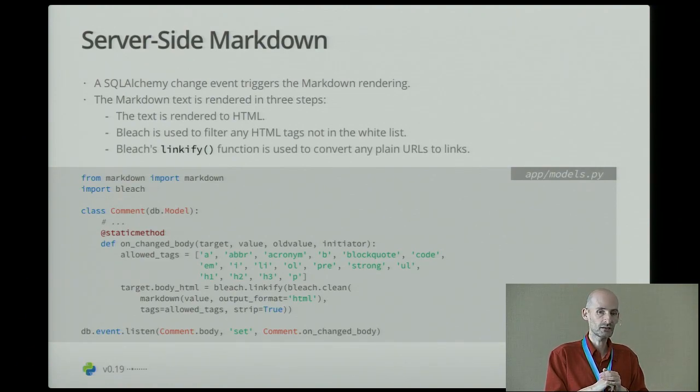Linkify will find any things that have the look of a URL and will make them clickable. It will just replace it with an a element. Okay? So all of that is stored in target.body_html, and it will happen automatically when I set body. So once this is done, I don't need to worry about it. Okay, so it's a good way to handle generated properties in your database.